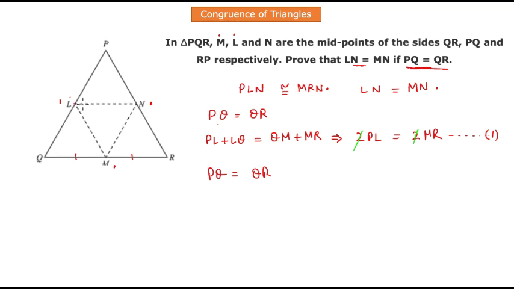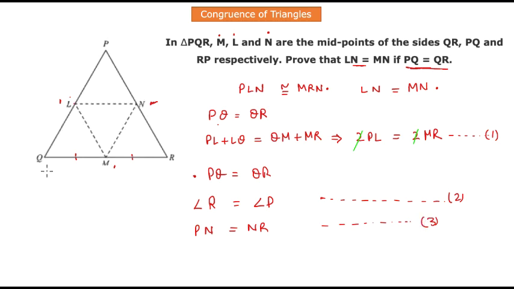That means the angle opposite to the side PQ will be angle R, and the angle opposite to the side QR will be angle P, and those will be equal because of the equal sides, PQ equal to QR. This is given. So that can be taken as my finding number 2. And finally, you can also state that there is a midpoint N, which is the midpoint of the segment PR. That means the segment PN is going to be equal to NR. So this can be regarded as your finding number 3.